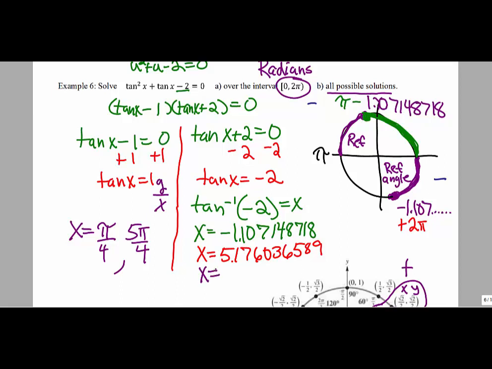So that angle would be 2.034443936. So we get 2 more solutions for this equation. They look kind of weird, but that's okay.